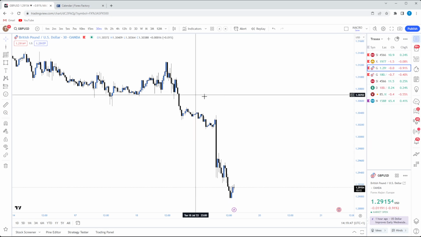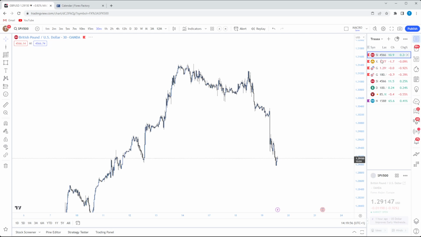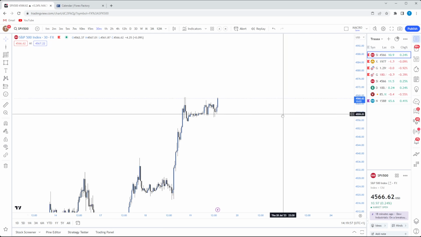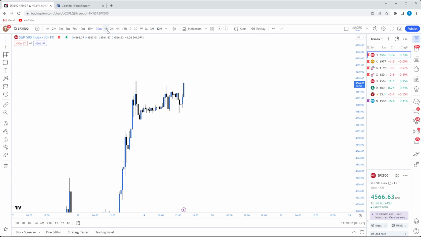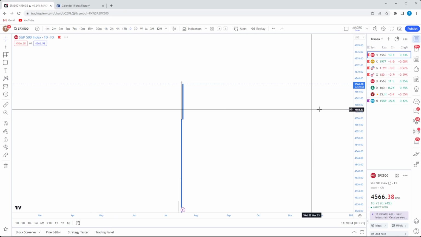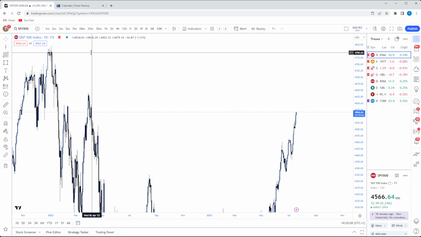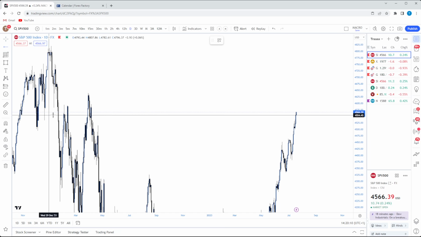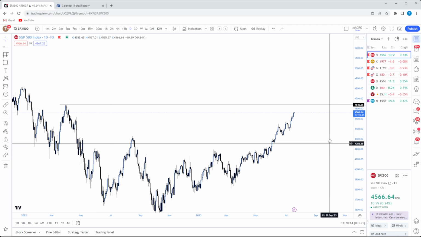Hopefully that makes sense. Anyways, we had bullish news for gold, for GU, and for SPX that came out an hour before market open. It looks like we're already getting cracking here on the S&P, unfortunately, and this has been ripping. We've just been straight ripping on the S&P 500 so far.